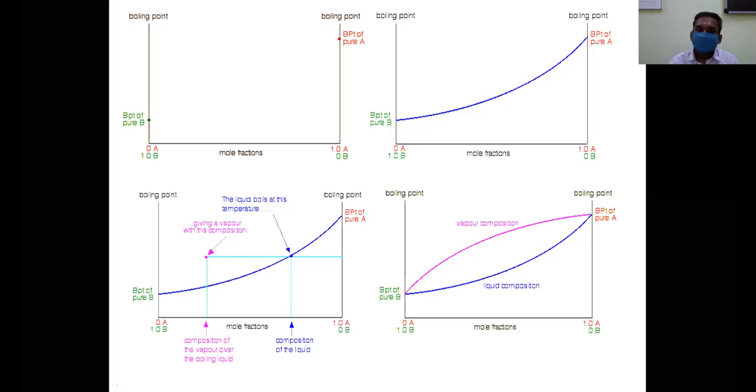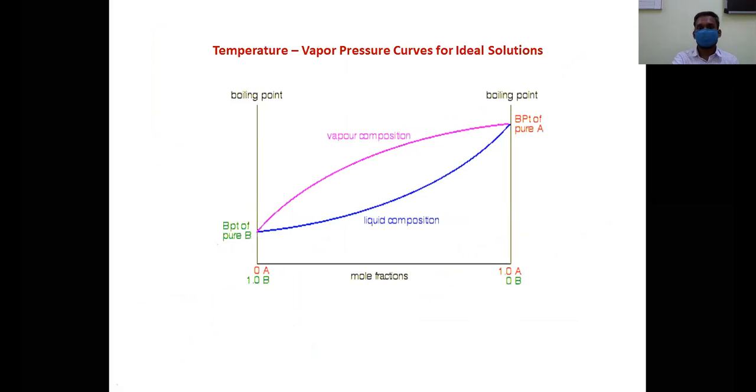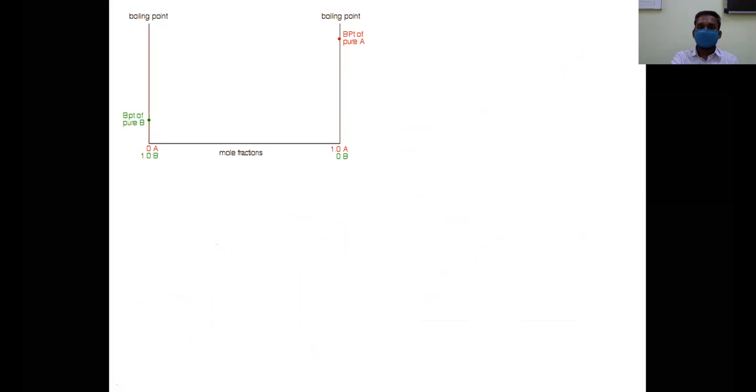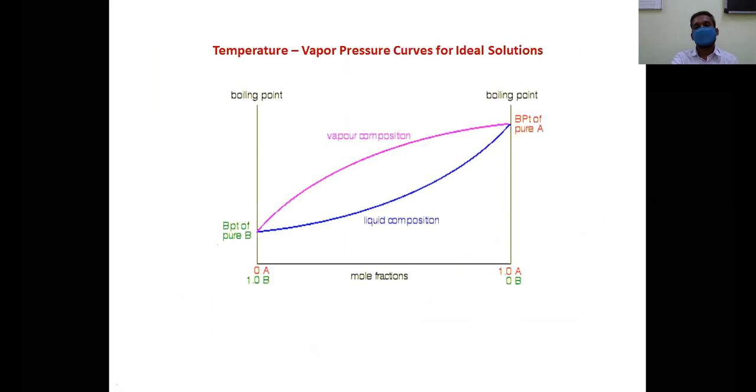What is that? The blue line represents composition of liquid. What does the pink line represent? Composition of vapor. Actually, this is the curve I showed here. In this slide, I explained how to construct this diagram, the phase diagram.